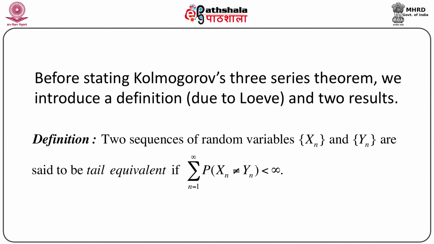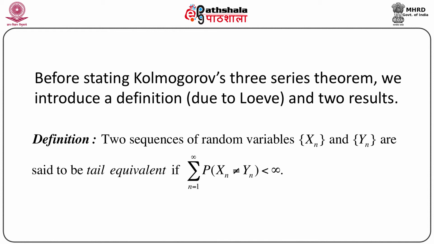Now, let us move on to the next important theorem, again due to Kolmogorov, known as Kolmogorov's three series theorem. But before doing that, let me introduce one definition that is due to Loeve and two other results.